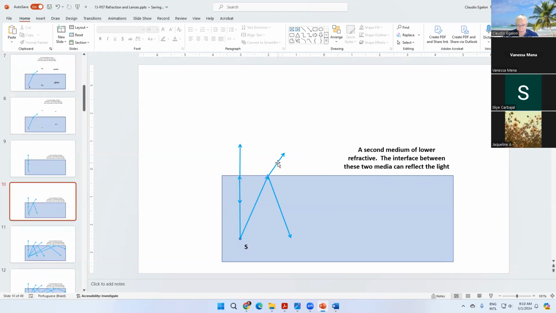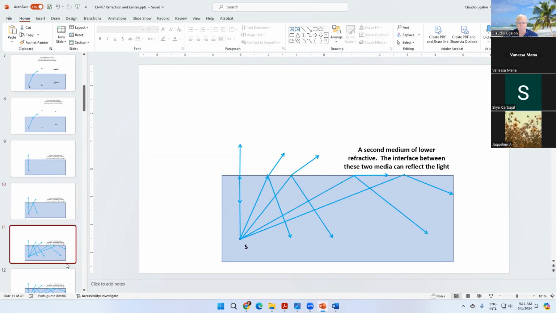Okay. Some of that refracts away from the normal, but then we have an angle of reflection that's going to be equal to the angle of incidence. We keep on playing this game, okay? Until something happens. I go ahead, make my angle steeper.